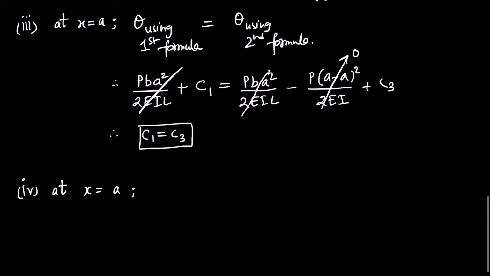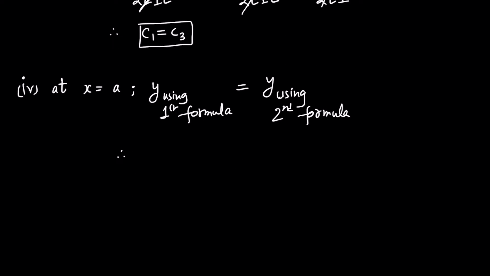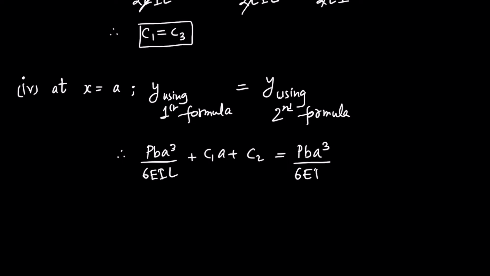Similarly, if the slope is equal, then the deflection is also equal, by using the first formula and using the second formula, or you can say the second equation, both are the same. So from here I can say Pba³/6EIL plus C1a plus C2 is equal to Pba³/6EIL minus P(a − a)³/6EI plus C3a plus C4.